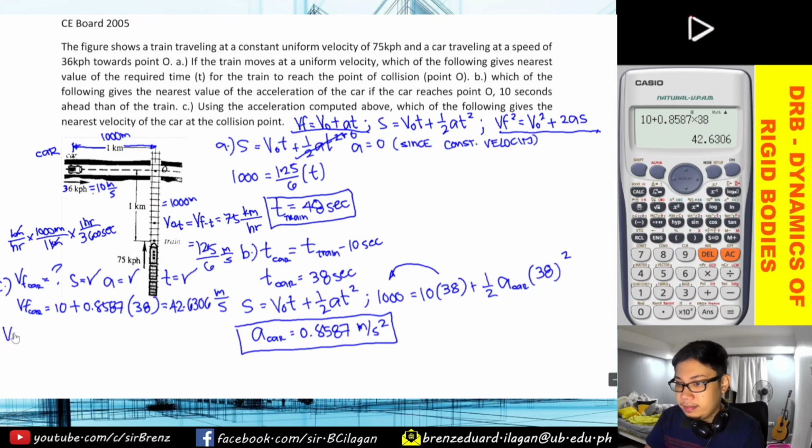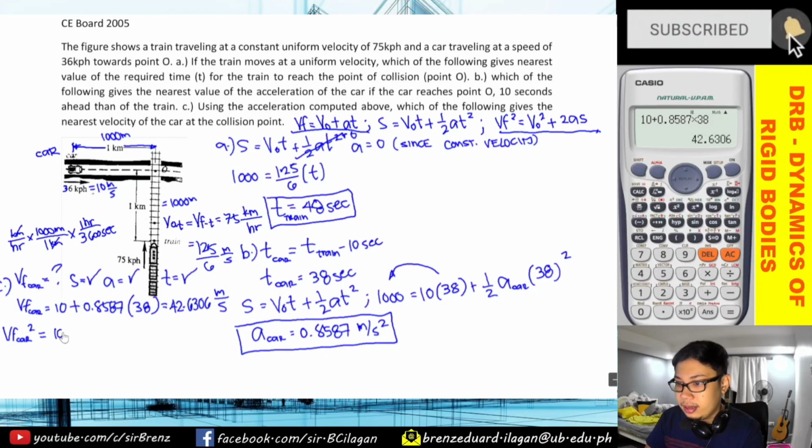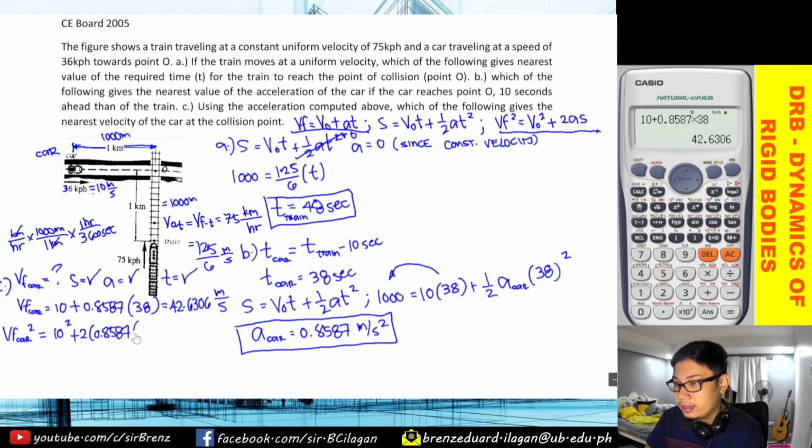So that will be final velocity of car squared is equals sa initial velocity ni car na 10 squared, and then plus 2 times 0.8587 multiplied by 1000, 2as.